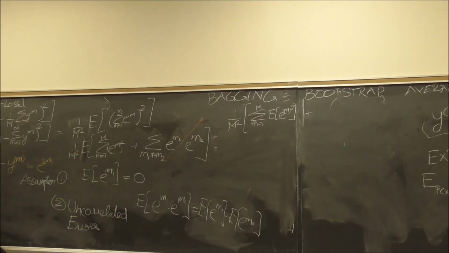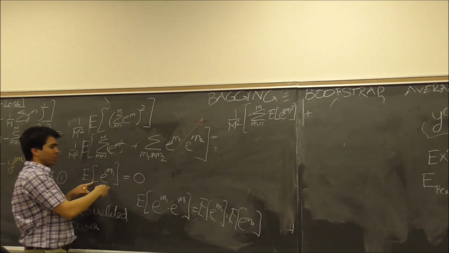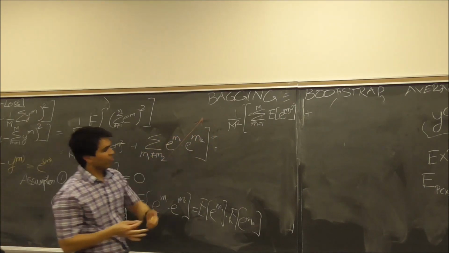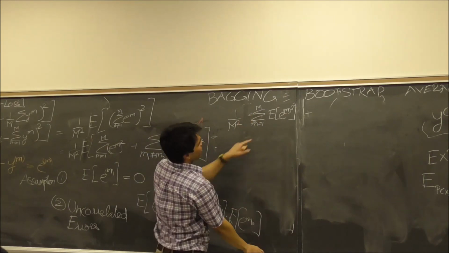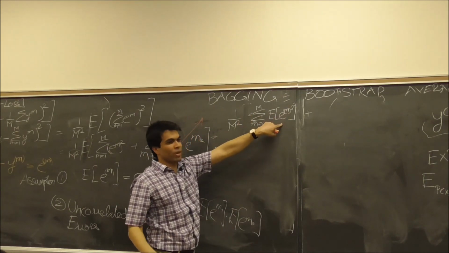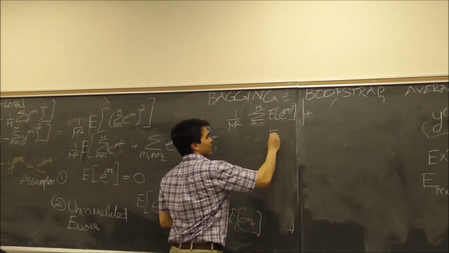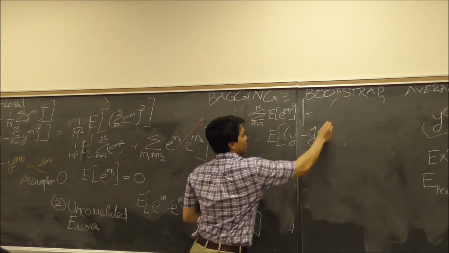That's where the magic comes in. The products factorize, because I assumed they were uncorrelated, and they were also 0 mean, and therefore that term goes away. So that's the only term I'm left with: 1 over m squared, summation of expected error squared. And what is expected error squared? That's the expected value of (y minus y hat of m) squared.